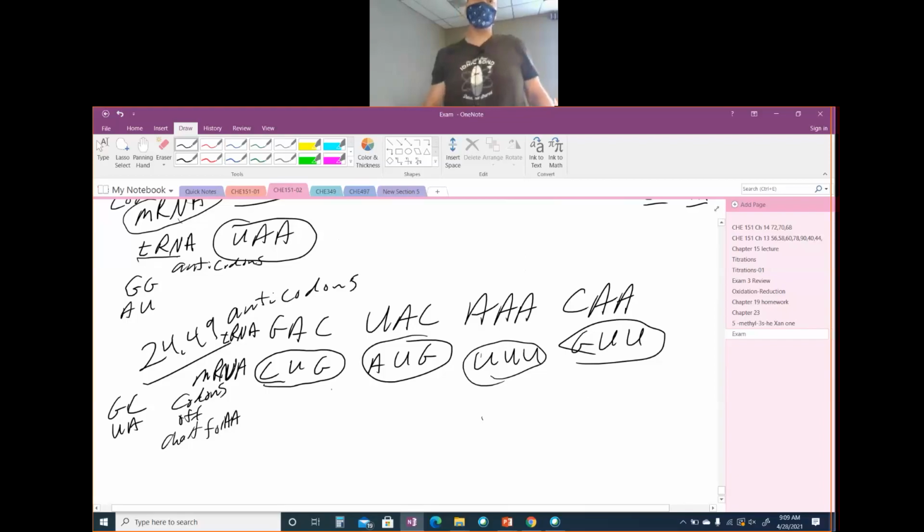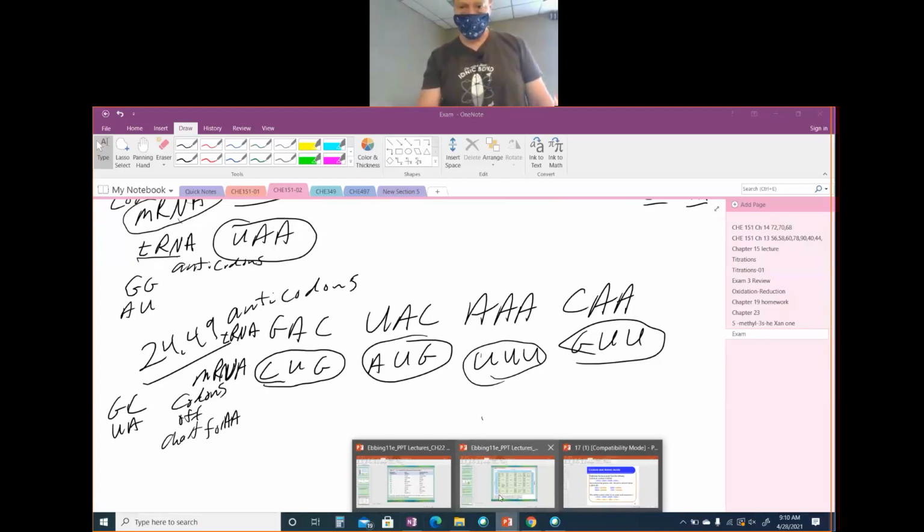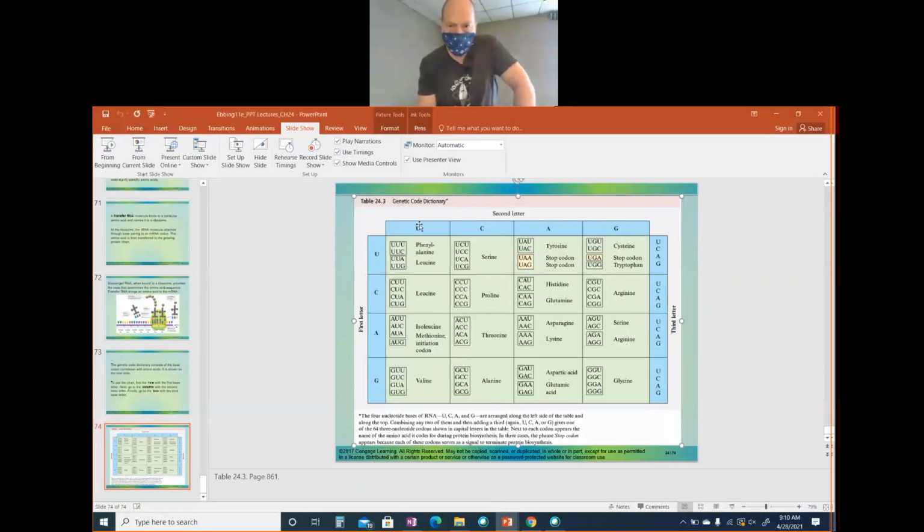So when you want to find your amino acids, when the anticodon is GAC, you're looking for the codon CUG. CUG is leucine. Note, if you looked at the GAC, you would put aspartic acid. So again, that is the only reason why people miss this problem.